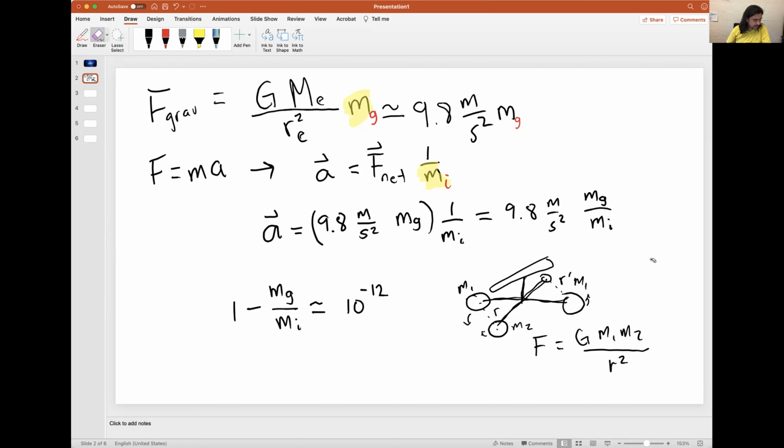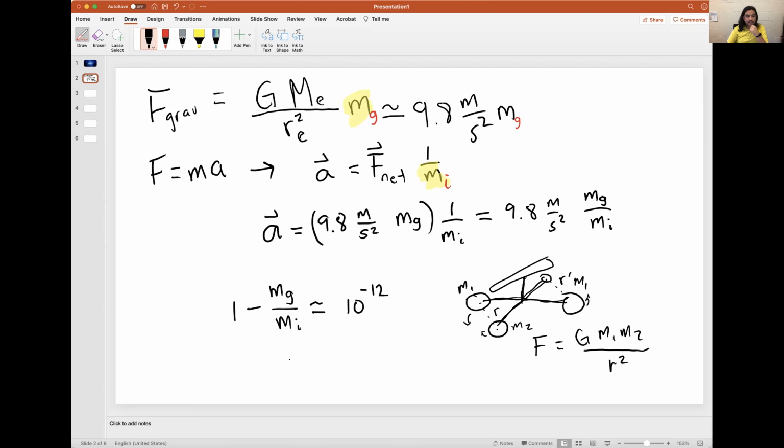All right, so experiments have been done on this kind of setup, and other types of experiments have been popping out. So right now we know that the gravitational and inertial masses are almost exactly the same. And the error is about 10 to the negative 12, where it's not 1 exactly.